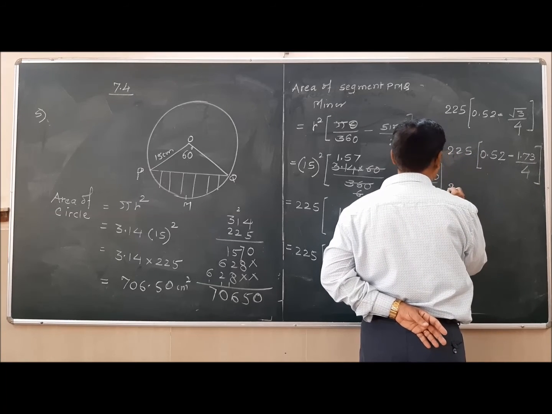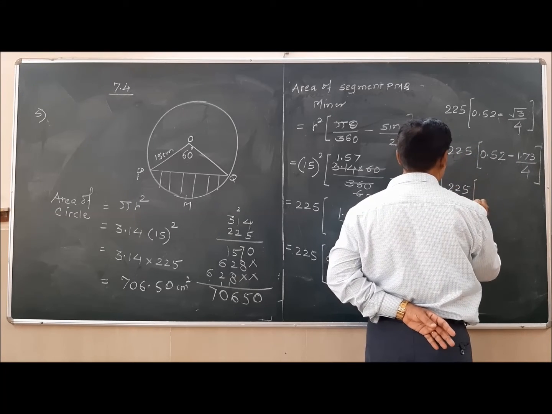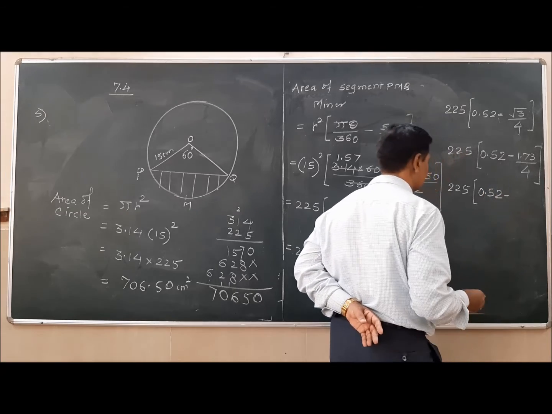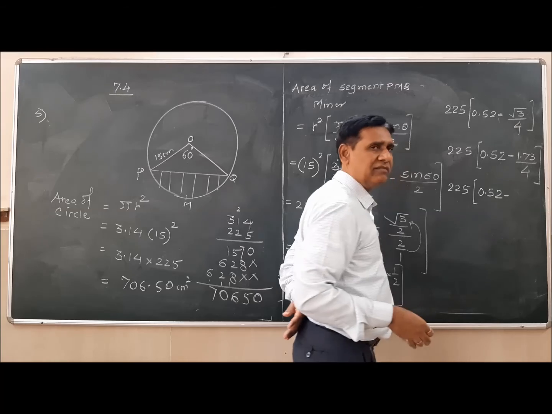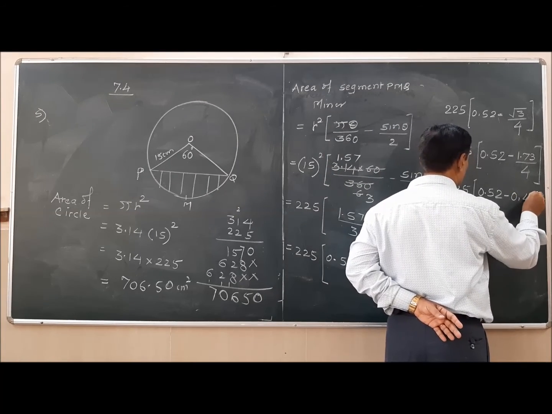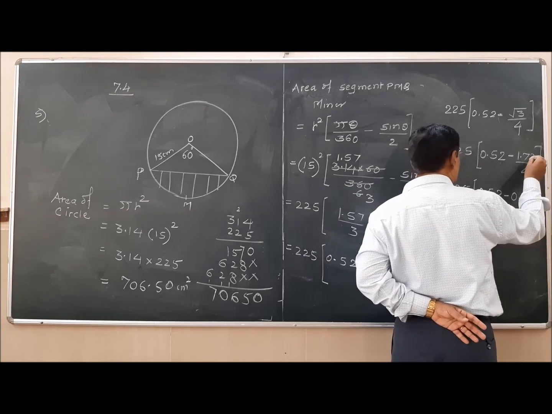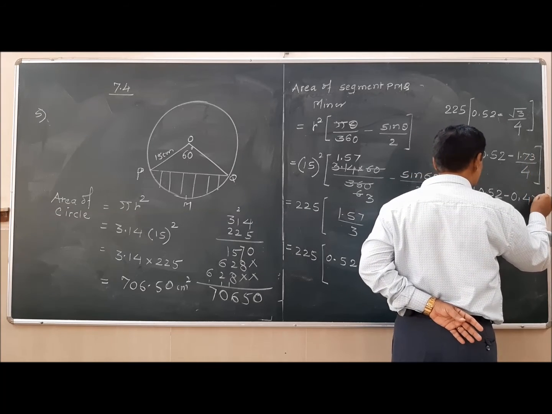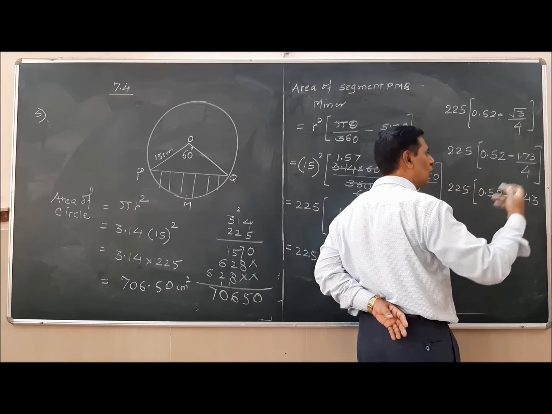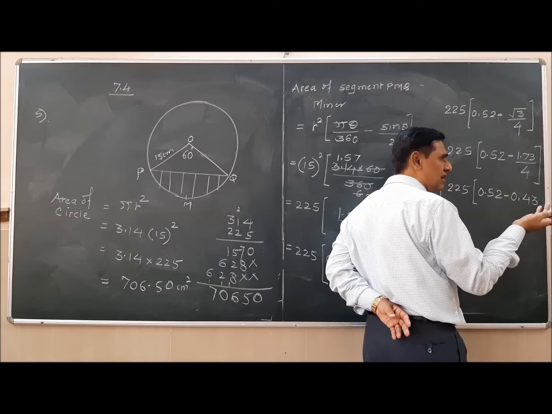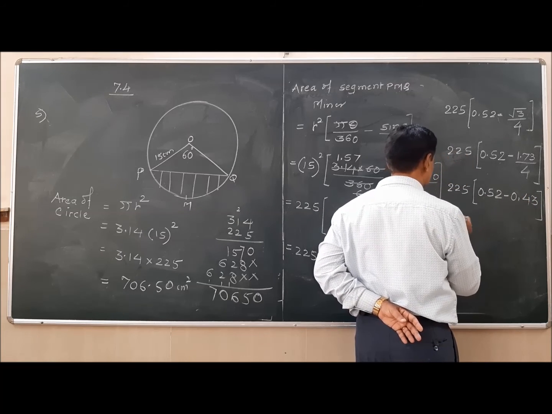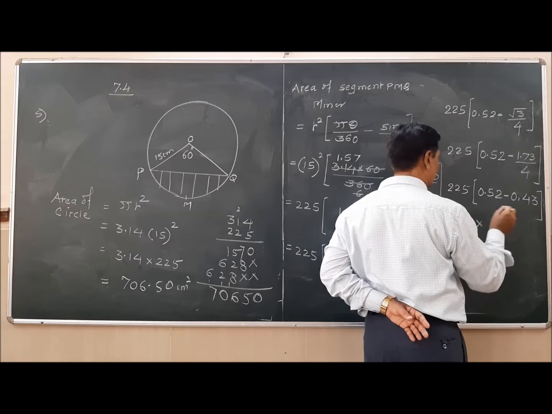That will give you 225 into 0.52 minus, and if you divide 1.73 by 4, 4 4s are 16, plus 1 is 17, 4 3s are 12. Again you will find it is less than 5, so I can keep my answer to 0.43 only.